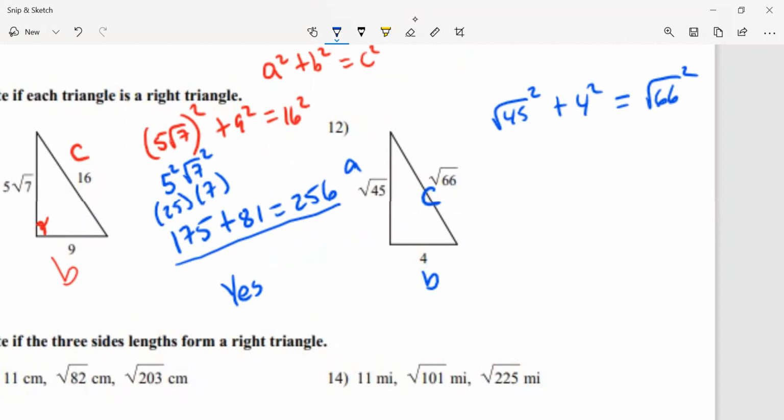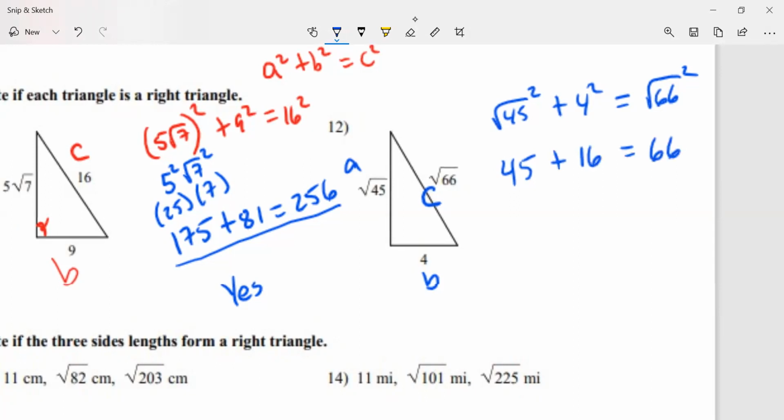Radical 45 all squared is just 45, because remember, when you square a radical, you just get the number on the inside. So 45 plus 16, because 4 squared is 16. Radical 66 all squared is 66.